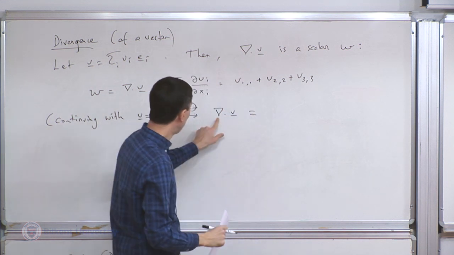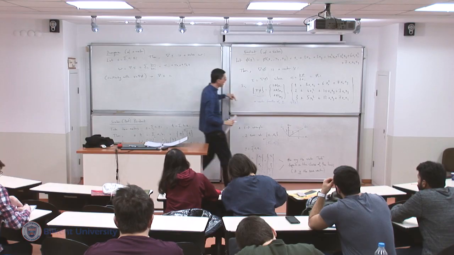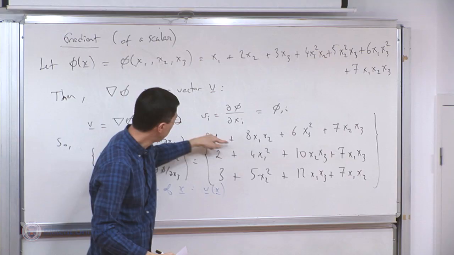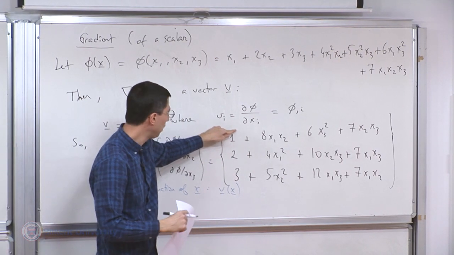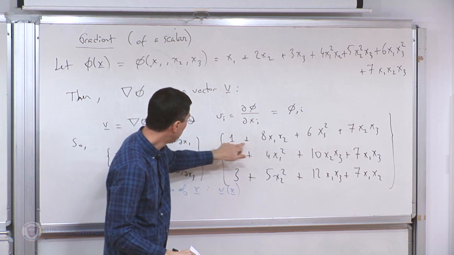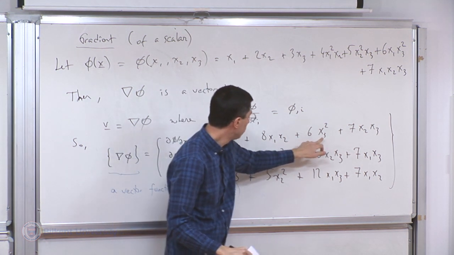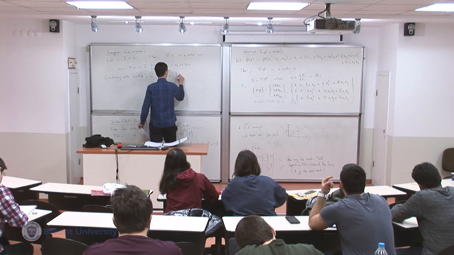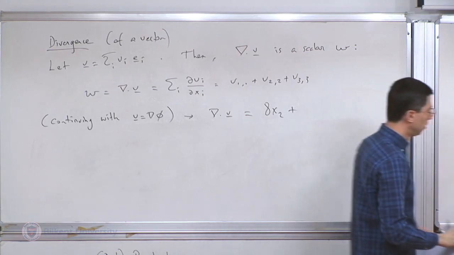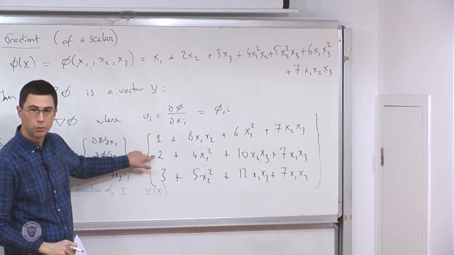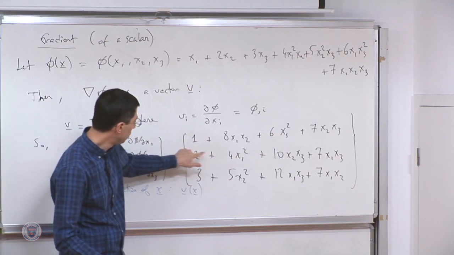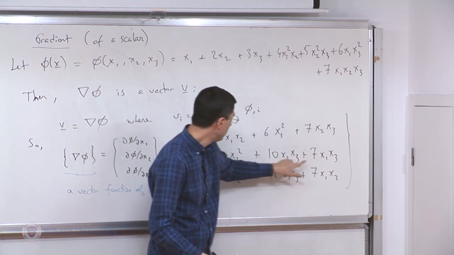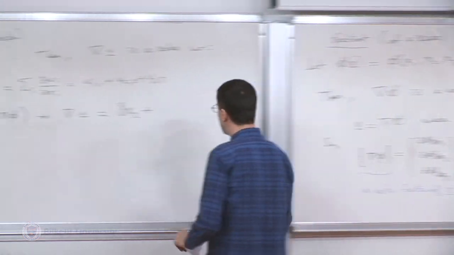So, divergence of the vector. I will take the first component's derivative with respect to x1, so 0, 8x2, 0, 0. Plus the derivative of the second component with respect to x2: 0, 0, 0, 10x3.